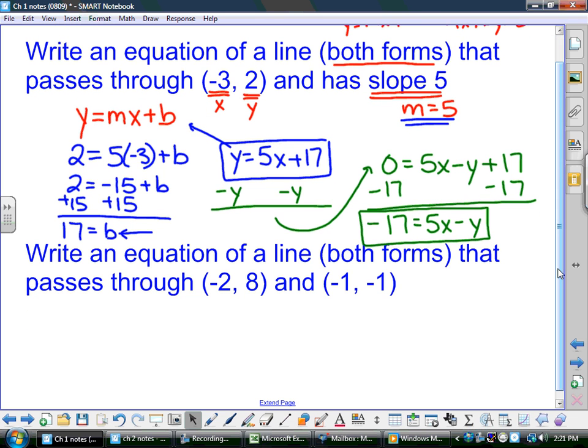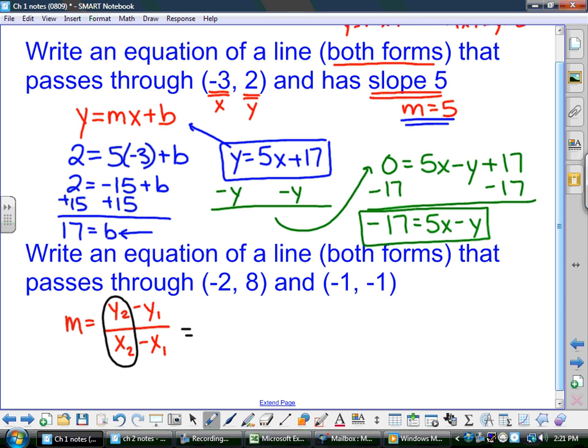If you have 2 points, you can use the 2 points to find the slope. Remember, to find the slope, you're going to do y minus y over x minus x. It doesn't matter which y number you use first, as long as the y number that you use first is coming from the same point as the x number you use first.